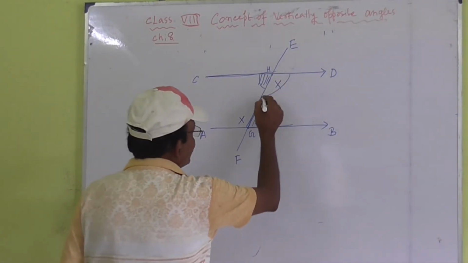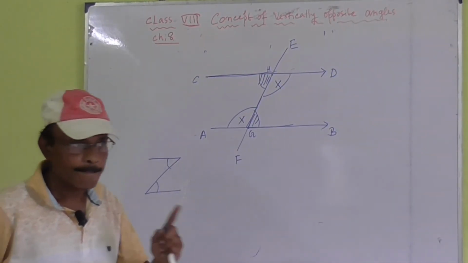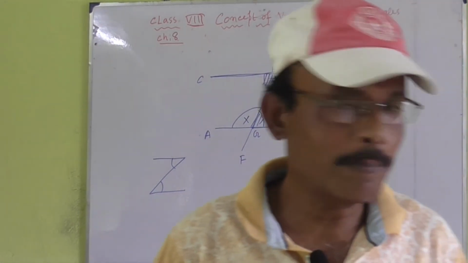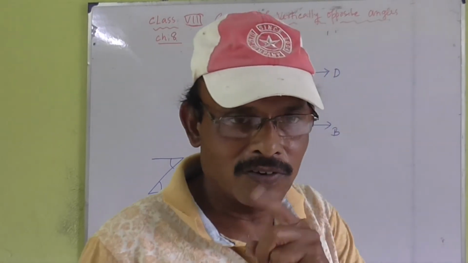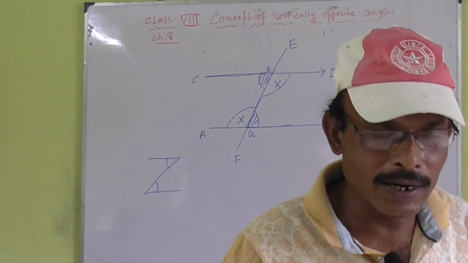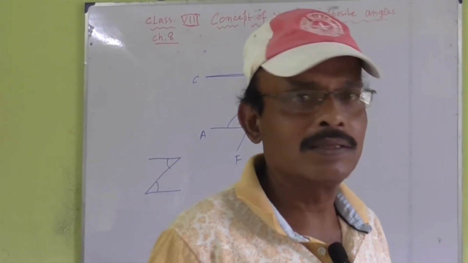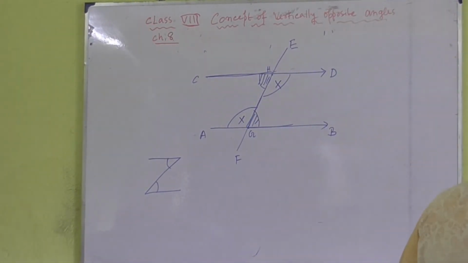This angle and this angle are the same. So, the theorem is that if the two lines are parallel and EF is the transversal, then the alternate angles are equal, corresponding angles are equal, and the sum of the angles on the same side of the transversal is 180 degrees.